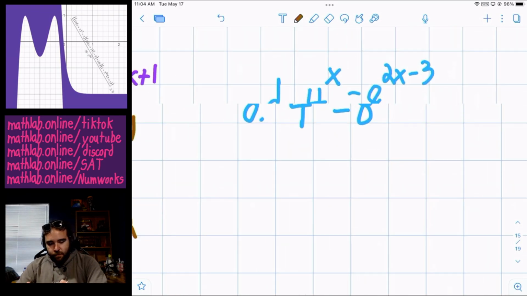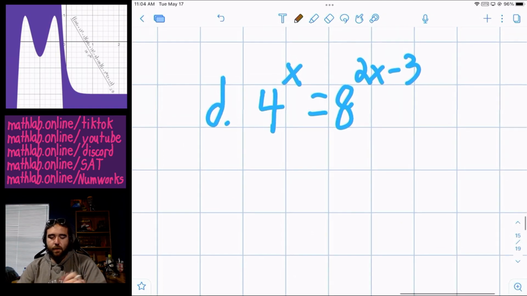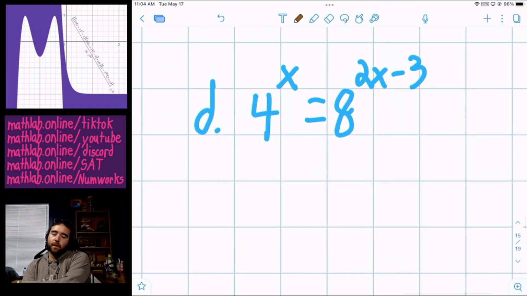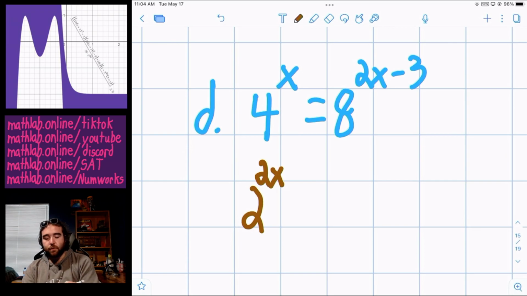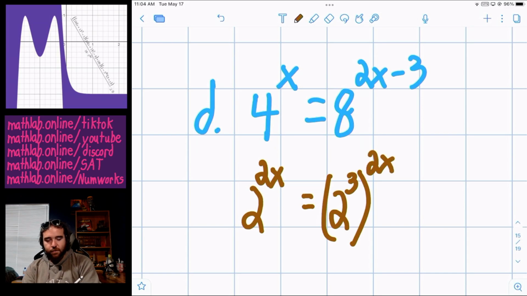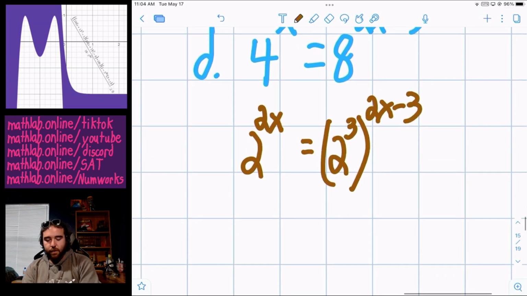All right, the next one. Next one looks like it'll have a solution. So here we can't really make the bases each other very easily. So we're going to have to change both of them, because we can make both of them a 2. This is 2 to the 2x, and this is 2 cubed to the 2x minus 3. So let's do it out first.